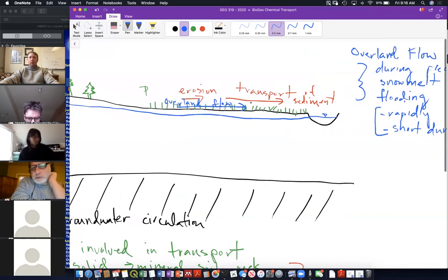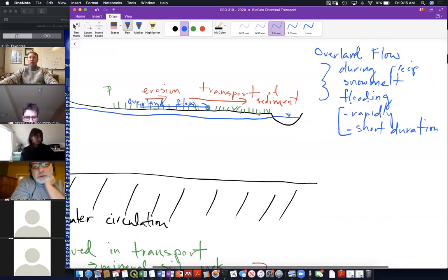Yeah, so the time scale, or how fast our system will respond, is important for two things. One is how quickly we expect it to respond to a disturbance like a flood.